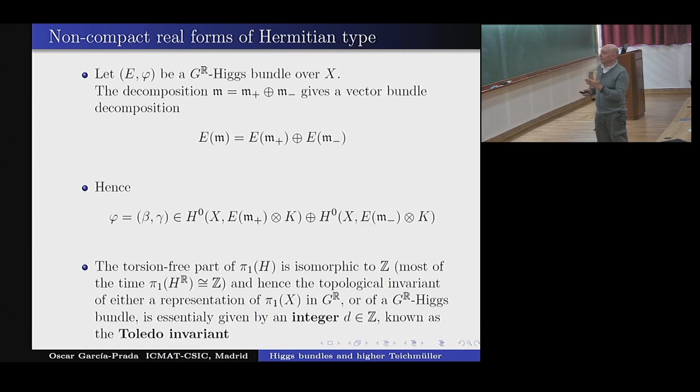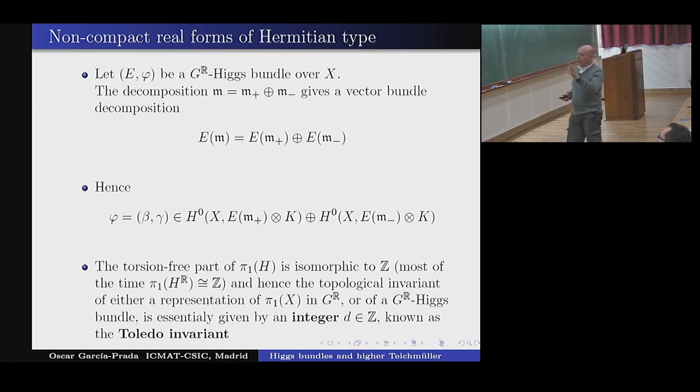I must say that the fundamental group of H may sometimes have some torsion, and that, as a matter of fact, only happens in the families that I showed before in the case of SO(2N), in which there is a Z2, but there is always a Z, right? The torsion-free part is always the integers, and so the topological invariant is an integer, and this integer is what is known as the Toledo invariant.